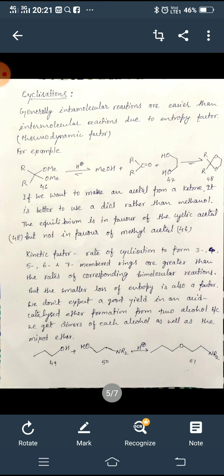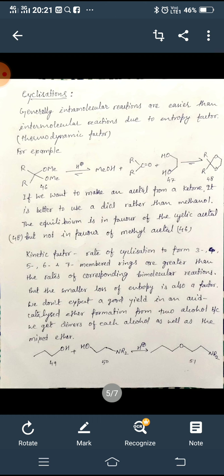In the presence of methanol, three molecules are converted into one molecule, or in the presence of diol, two molecules convert into the acetal. So entropy decreases, right? It is better to use the diol rather than the methanol, because the equilibrium is in favor of the cyclic acetal number 48, but not in favor of the methyl acetal 46. This is the thermodynamic factor.